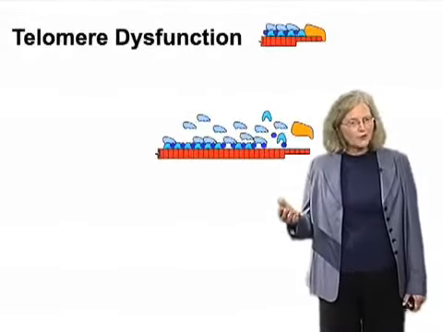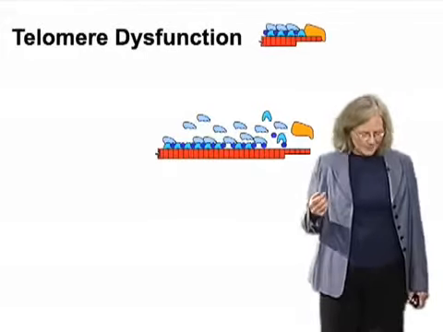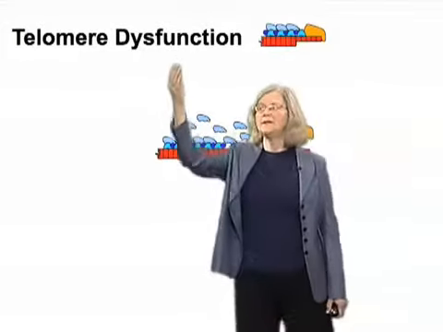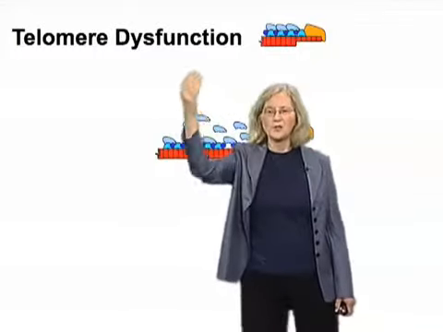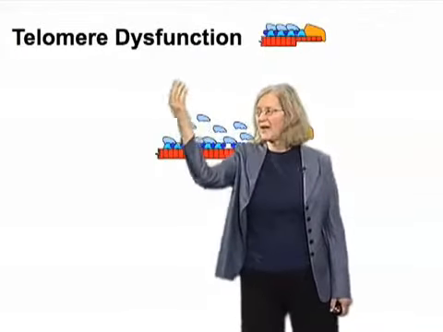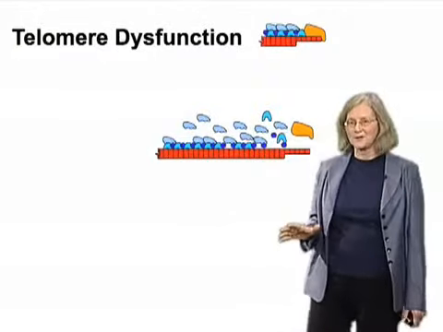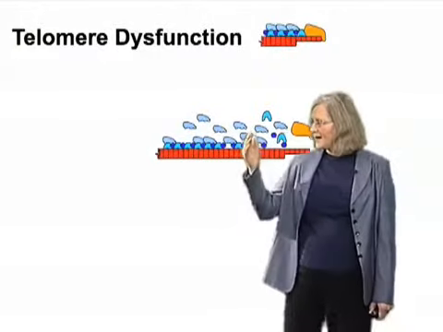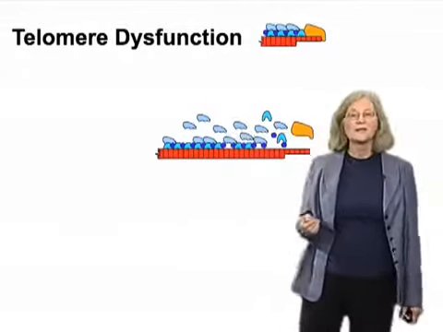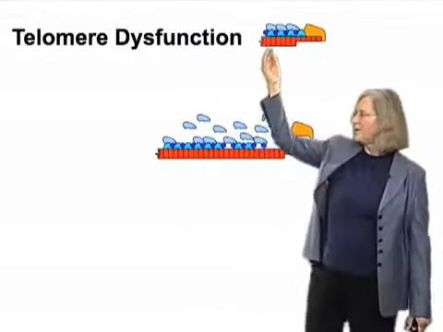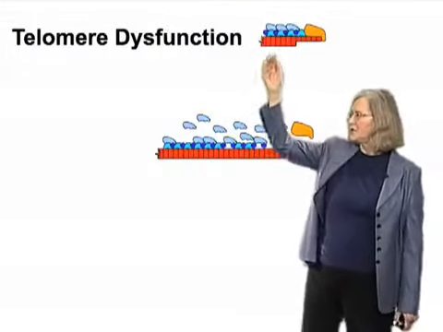So I've just shown you a functional telomere, but if telomeres cease to function, and we use the term telomere dysfunction to just describe that general state of a telomere that is not carrying out those capping functions and other functions that I will get to, there are a couple of different ways this can happen. The first is if the tract of telomeric repeats is simply too short.